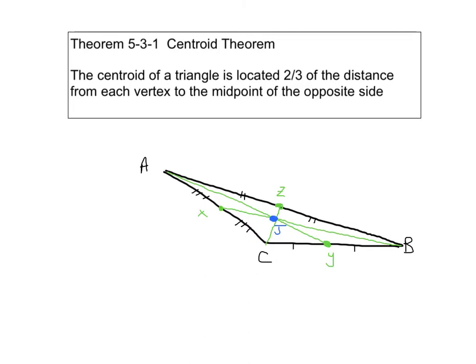Looking at an example, I see a triangle ABC, and I see a bunch of lines intersecting into a point J. We have to determine what type of point J is. So what I see is, looking down here at BC, I have two congruent segments with a point in the middle, meaning Y is the midpoint.